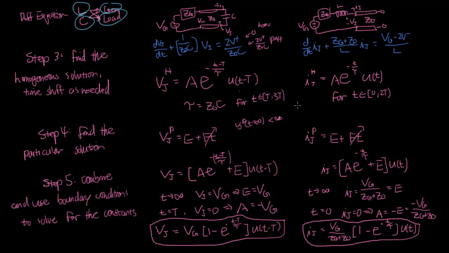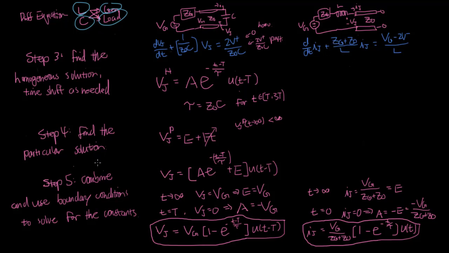Now remember, one other note, I'm just going to clear off some room up top so I can write a little something. We can talk about this circuit just a little bit more. Suppose we want to find out what the voltage is instead of the current. Well, we'll go back to the one thing I pointed out near the beginning of the video when we looked at the Thevenin equivalent circuit. Remember that the voltage at the junction is going to be equal to Ij times Z0, and the equivalent voltage source here is going to be equal to 2V minus.